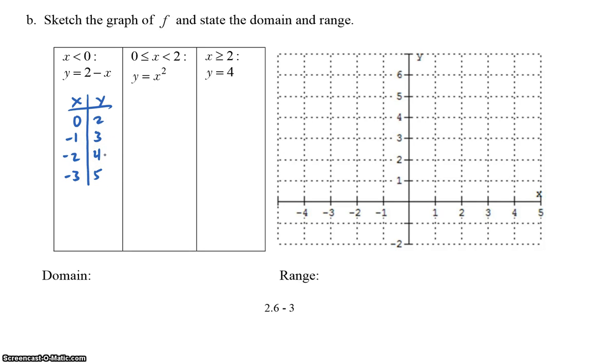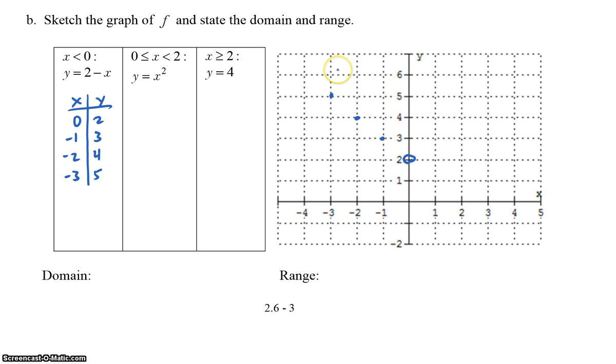So we would plot those points, except at 0, 2, we would use an open point. Like so. There'd be an open point there, and then let's plot our other points. Negative 1, 3, negative 2, 4, negative 3, 5.